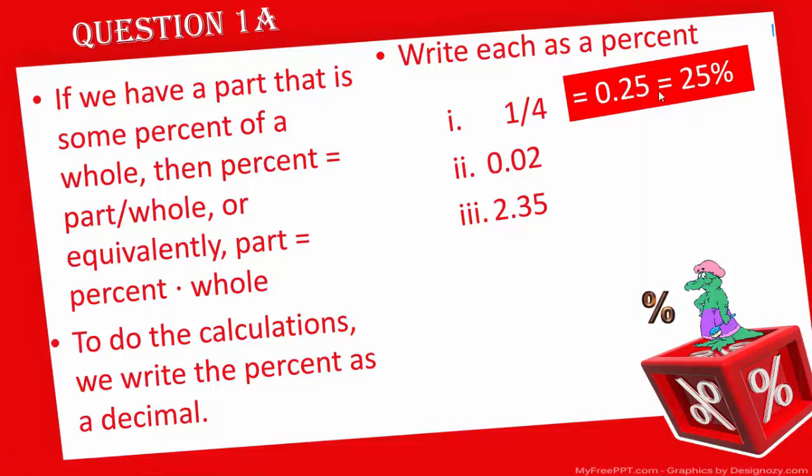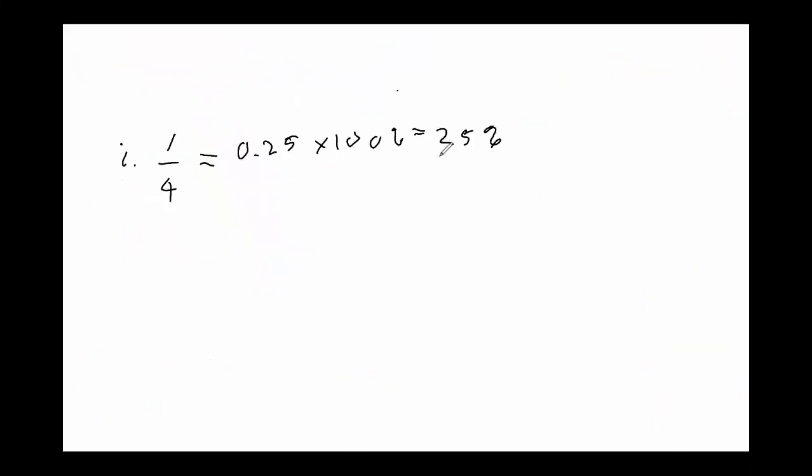Now let's look at example ii. So here we have 0.02, and here it's already, as we can see, in decimal form. So let's go back to the whiteboard and calculate this explicitly. And the next question on the PowerPoint was 0.02.